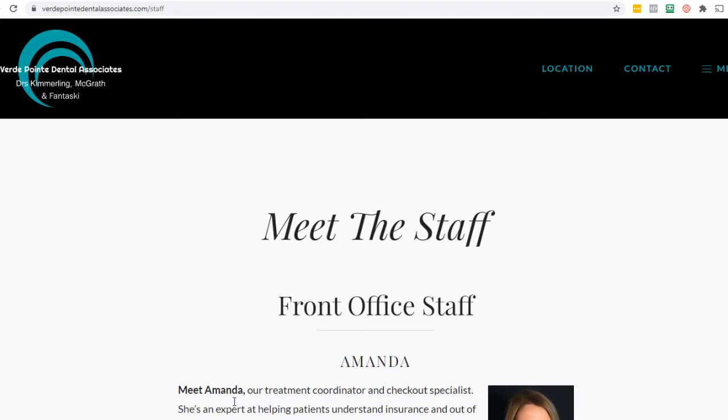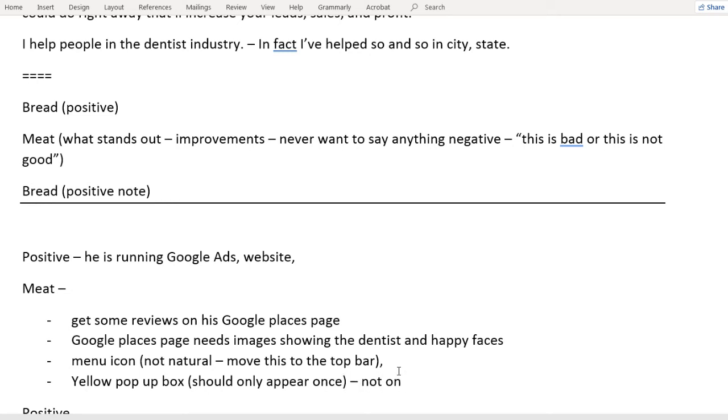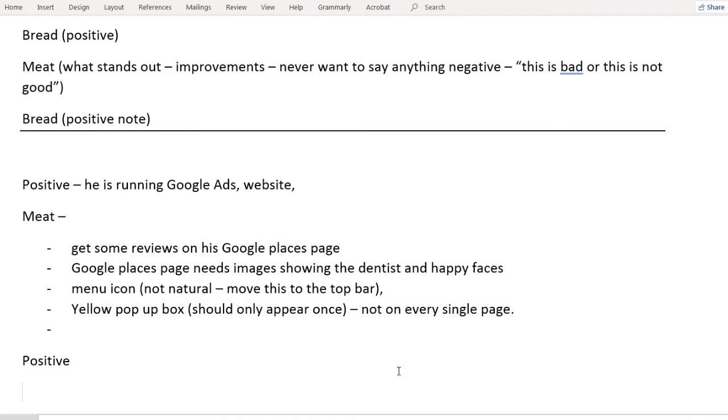Okay, so if I go back over here, let's see. Yellow pop-up box should only appear once, not on every single page. So as you saw, the yellow pop-up box showed up on every single page, and that was really, really annoying.